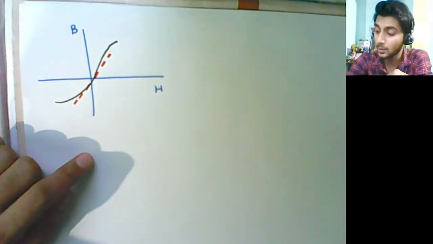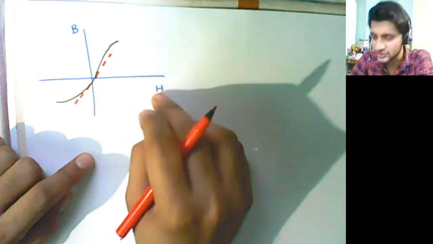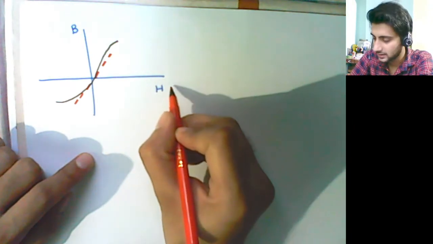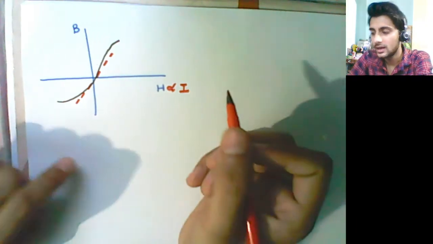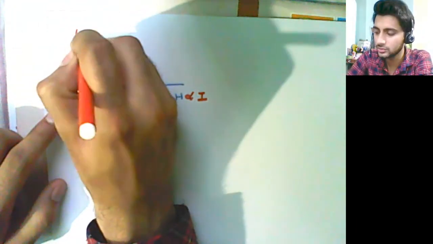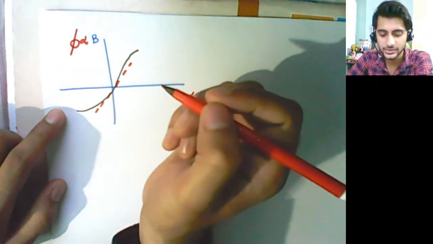But remember one thing: in this particular curve, this H is actually proportional to the current flowing through the circuit, and this B is directly proportional to your flux induced. Okay.